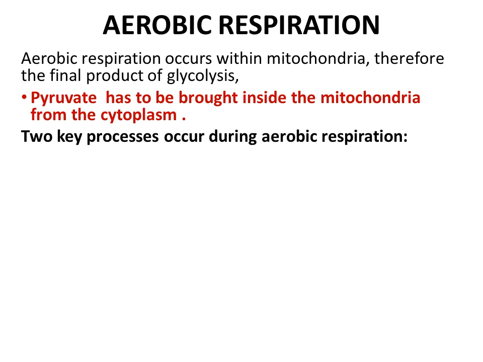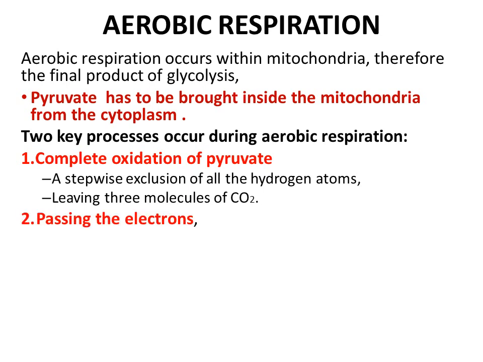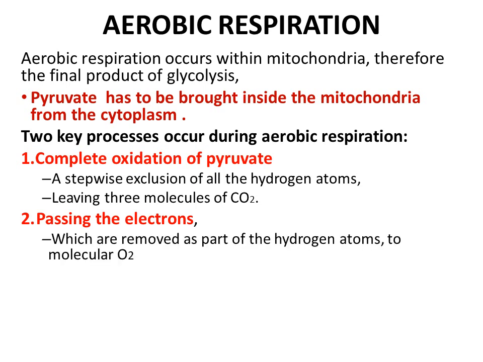Two key processes occur during aerobic respiration. One, complete oxidation of pyruvate, meaning a stepwise removal of all the hydrogen atoms, leaving 3 molecules of carbon dioxide which are expelled. Second, passing the electrons which were removed as hydrogen atoms to molecular oxygen with concurrent synthesis of ATP.